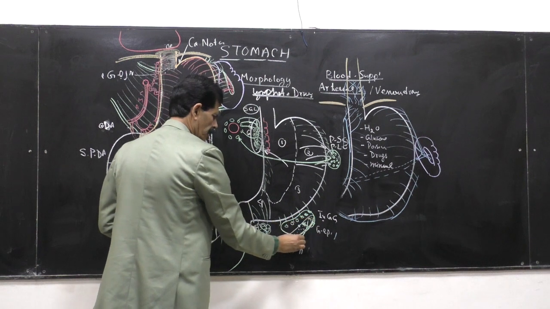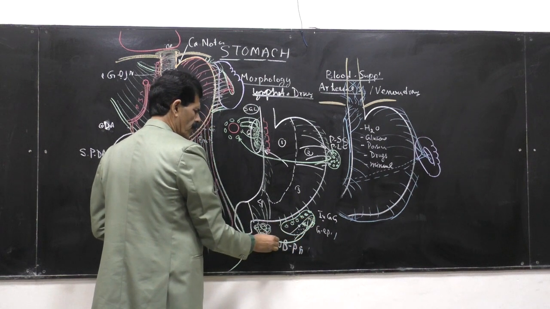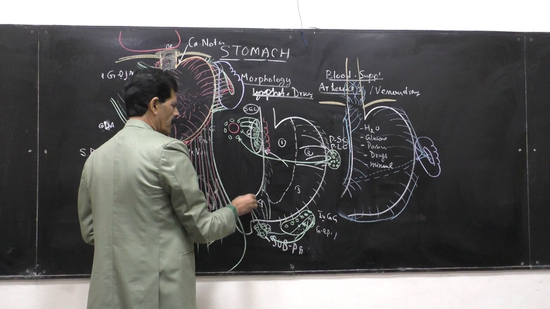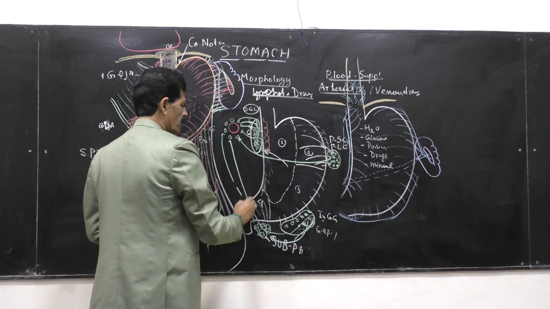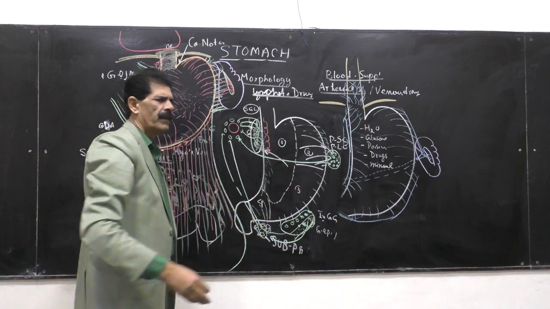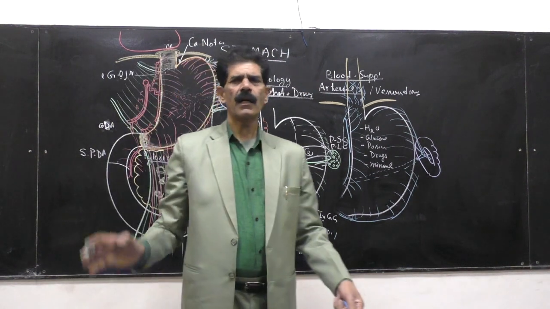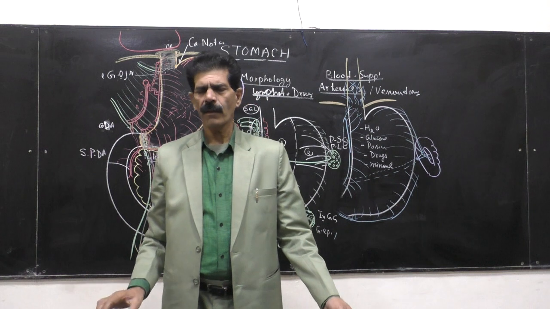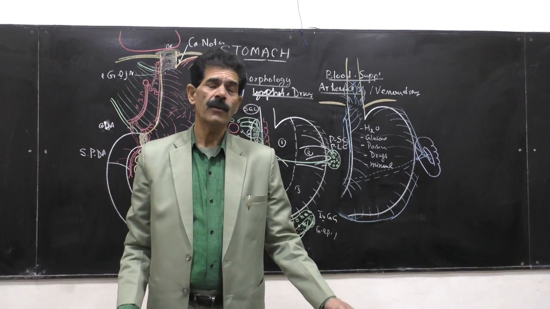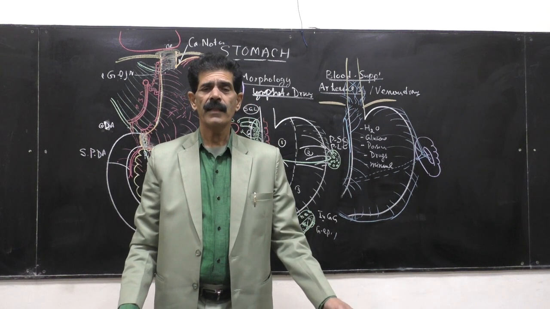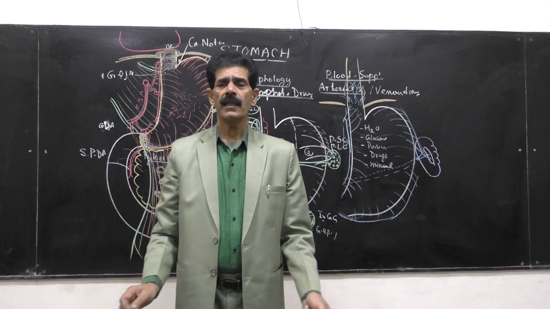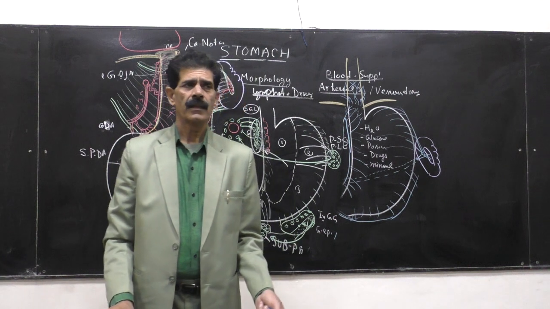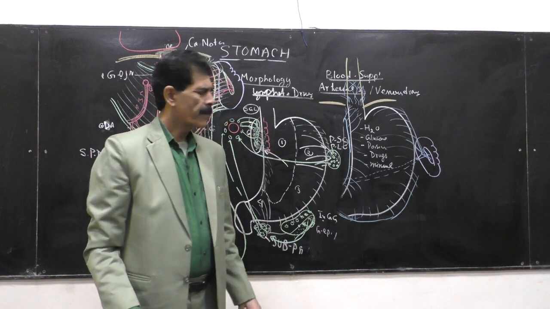And the third group also comes into the subpyloric group, and the subpyloric group ultimately goes into the celiac group of lymph nodes. So this is how the lymph from the stomach is ultimately collected and goes to the celiac group of lymph nodes. So that is the lymphatic drainage of the stomach. That's all.